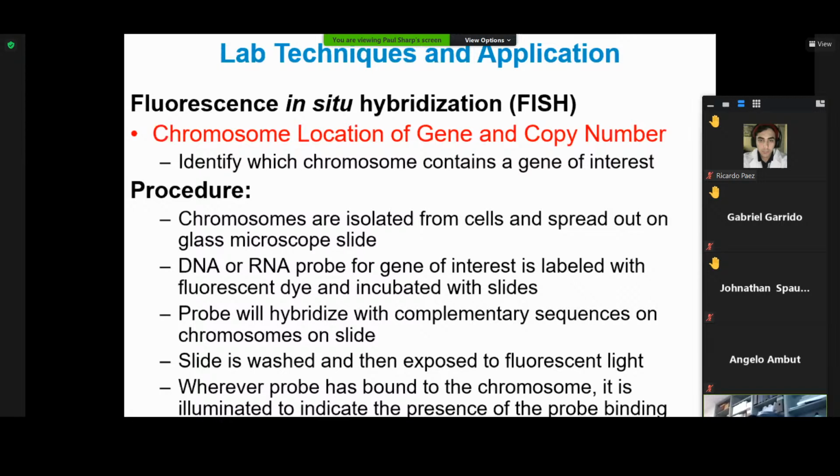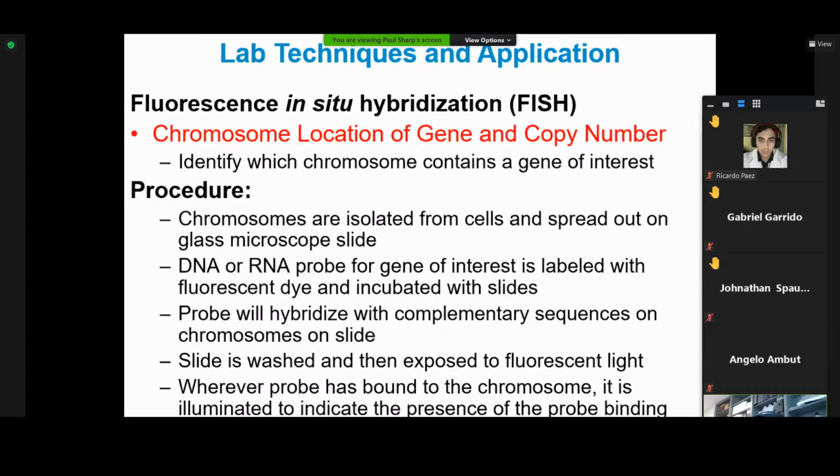So what are we doing with fluorescence in situ hybridization? We can use FISH for a lot of different things. It is just another tool in the toolbox of somebody utilizing biotechnology. We have a lot of tools now.